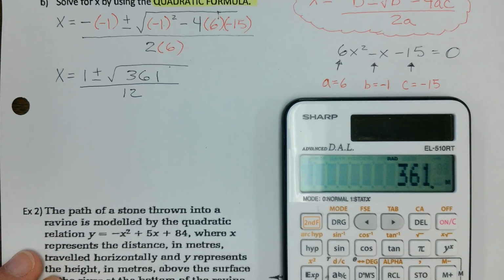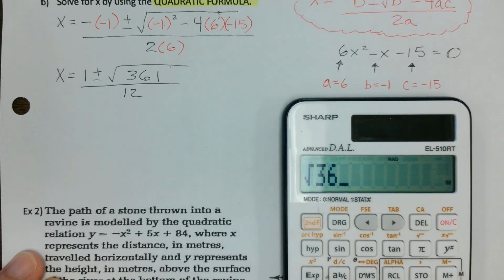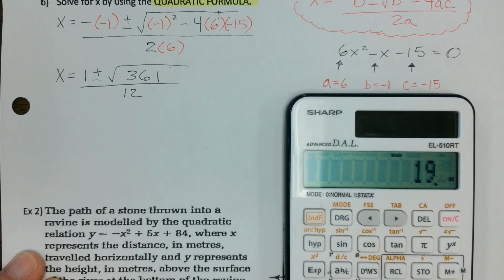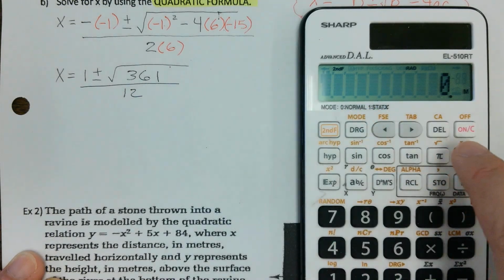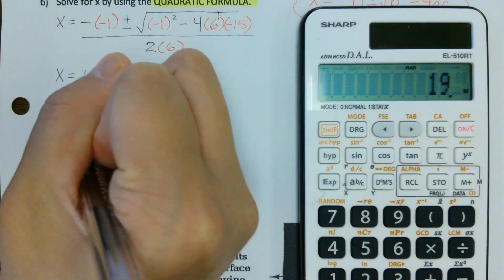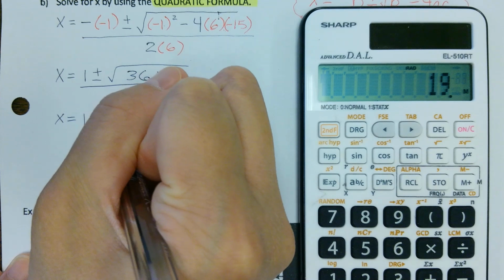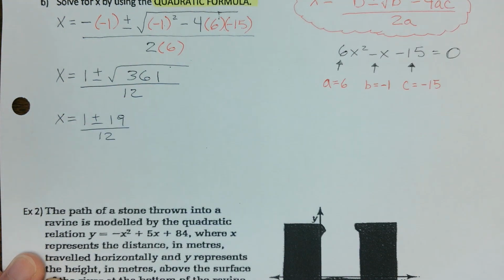Okay. Square root 361 is actually 19. You use a calculator. Square root 361, you get 19. So you have 1 plus or minus 19 over 12.